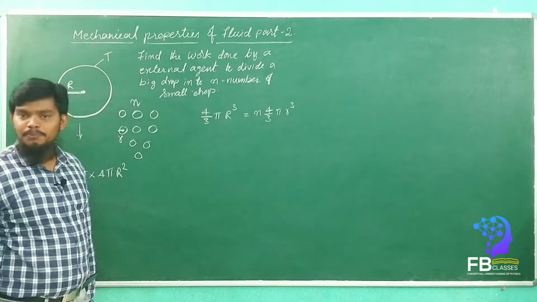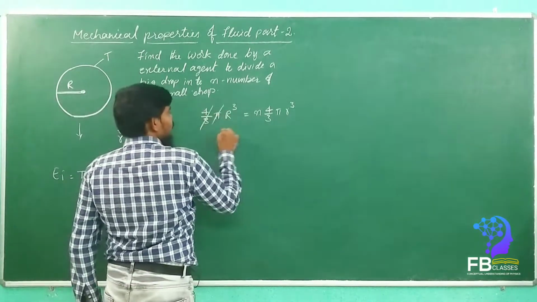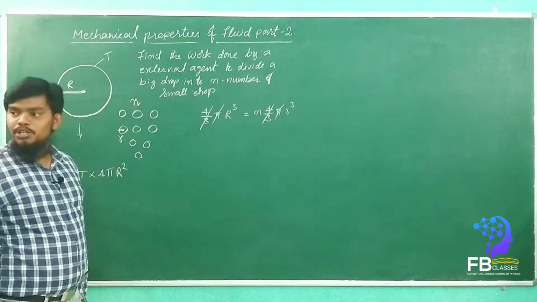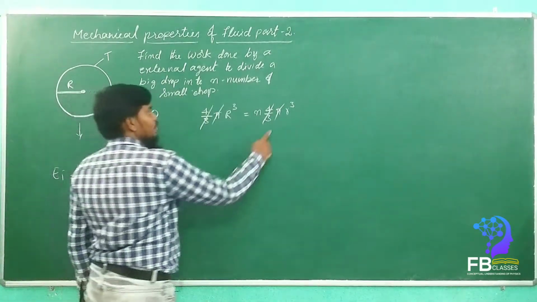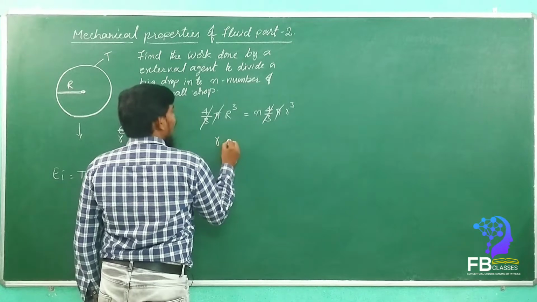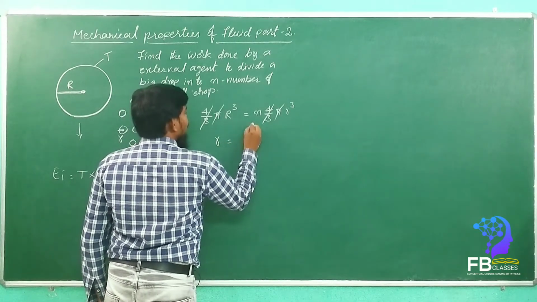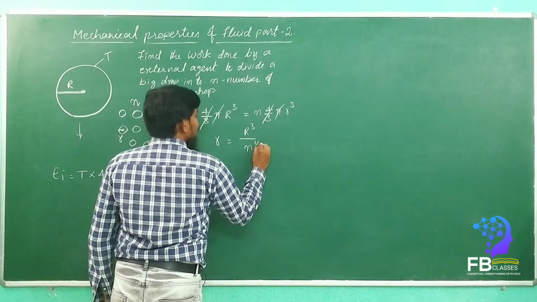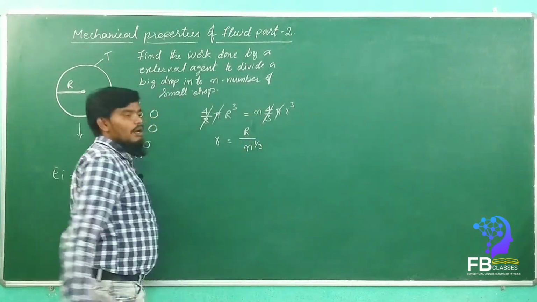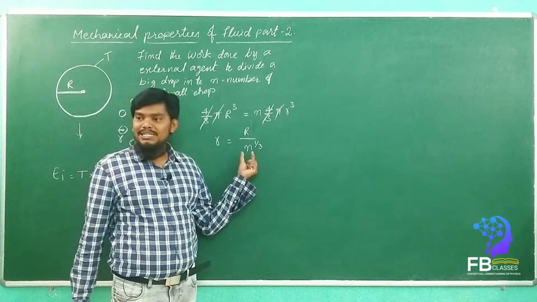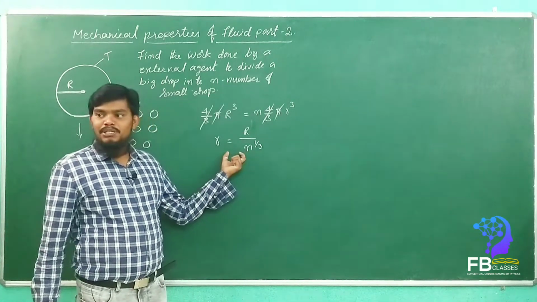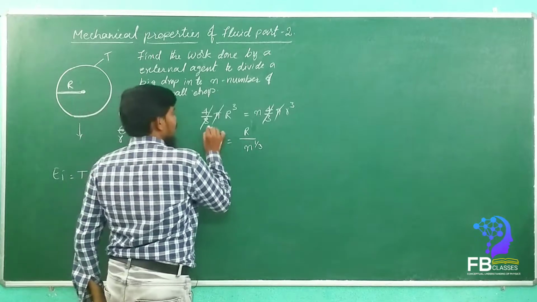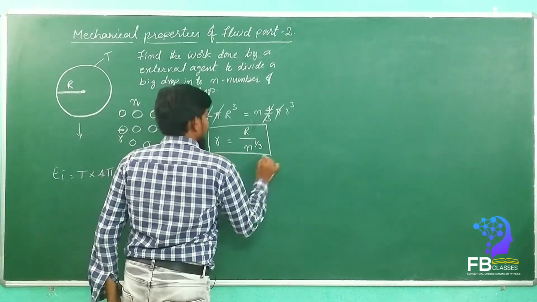The 4 by 3 pi gets cancelled, so small r is equal to R upon n power 1 by 3. This is the small r value in terms of capital R.